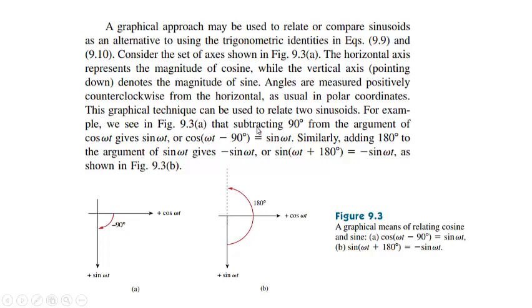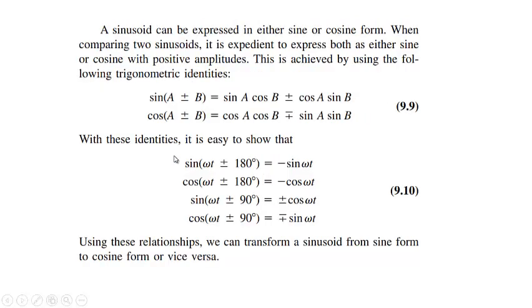This graphical technique can be used to relate cosine to sine. For example, subtracting 90 degrees from the argument of cosine gives a sine. You can see from here, cos of omega t minus 90. That means we are actually subtracting 90 degrees from the argument of cos.